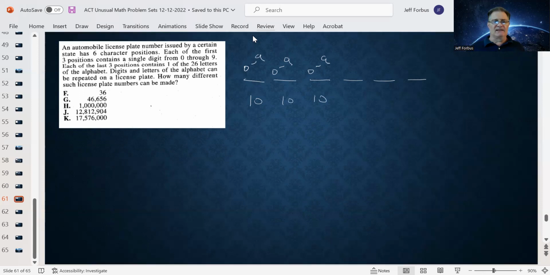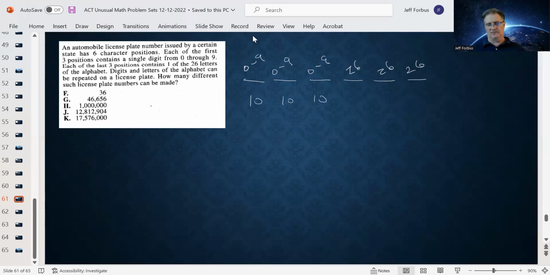Each of the last three positions contains one of 26 letters. Digits and letters of the alphabet can be repeated. How many different such license plate numbers can be made?